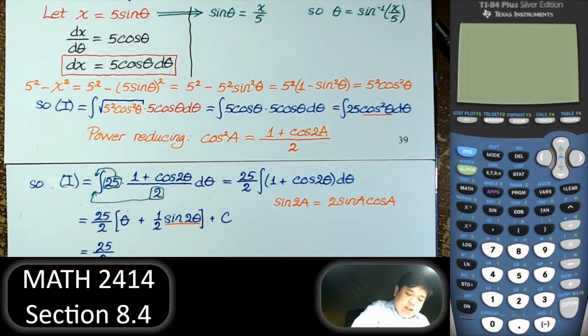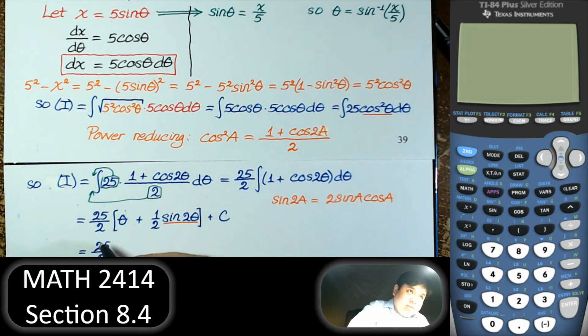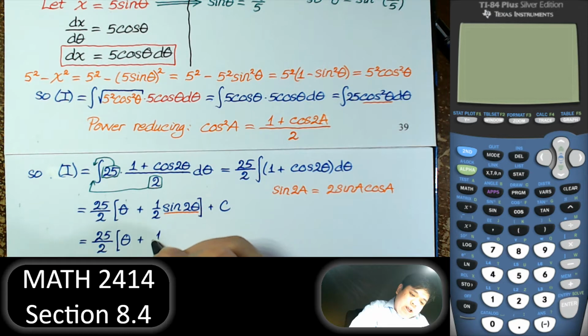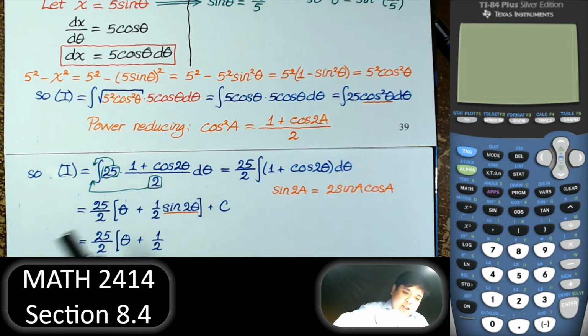So we have 25 over 2 times theta plus 1/2 sine of 2 theta, and then we substitute that in here.